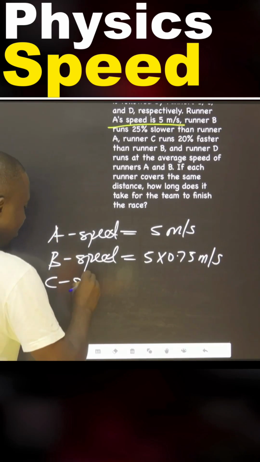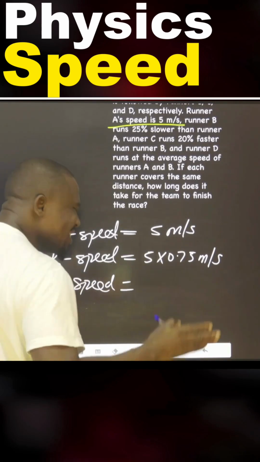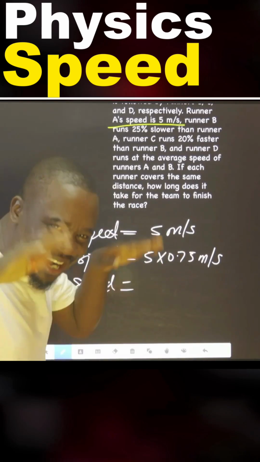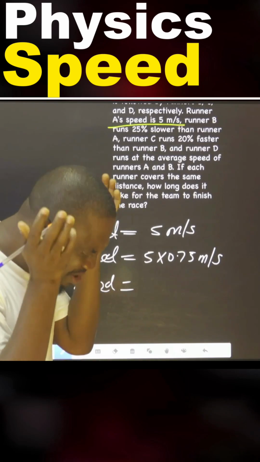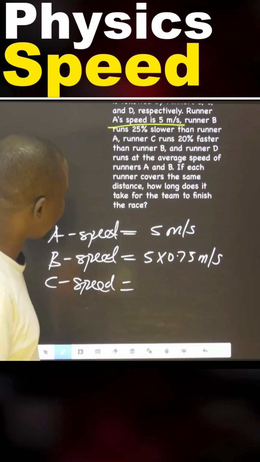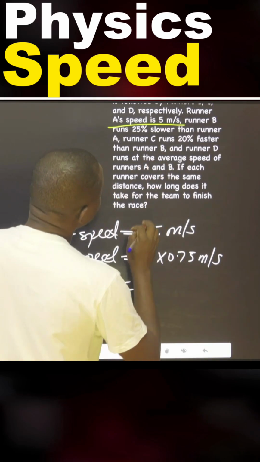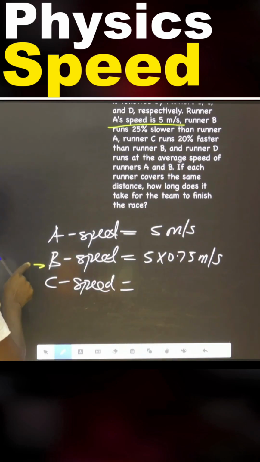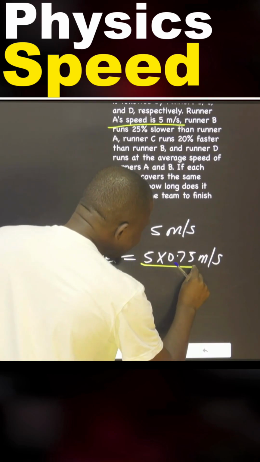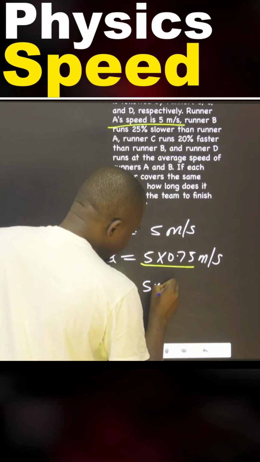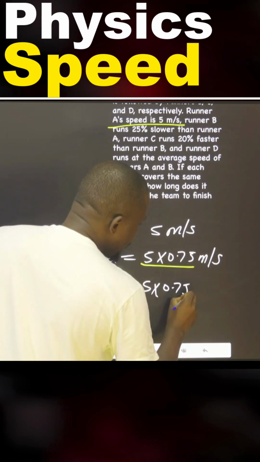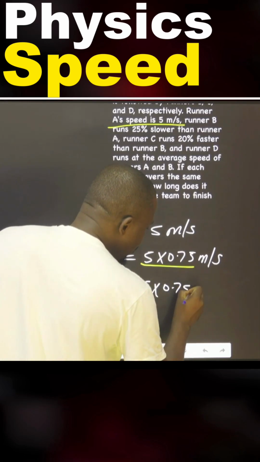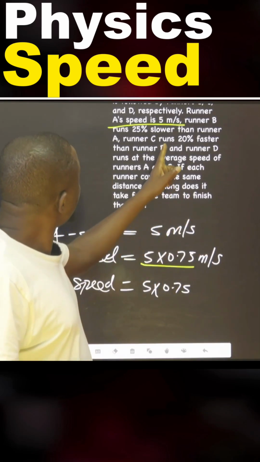C, the speed of C, just write them out. It's not difficult. Write them out. Don't be confused. What you see, write it down. C is 20% faster than B. This is B, right? C is 20% faster. That means whatever I see here, we should put 20% faster.